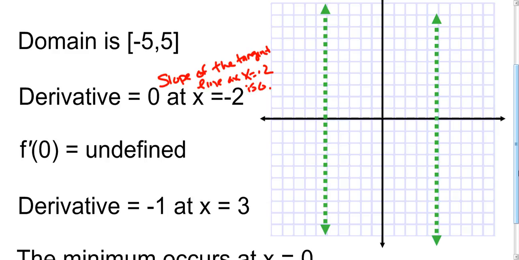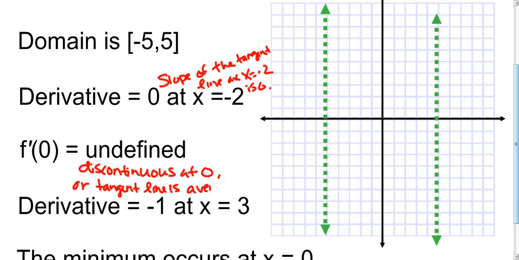Okay, here the derivative at 0 is undefined. That means one of two things. That means it's either discontinuous at 0, or it means the tangent line is a vertical line at 0. However you want to make that look, the tangent line is a vertical line.